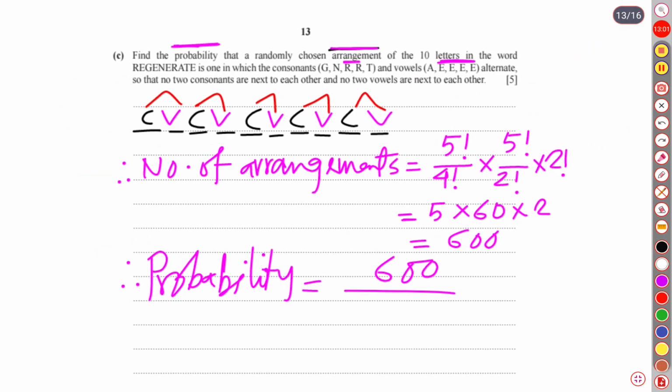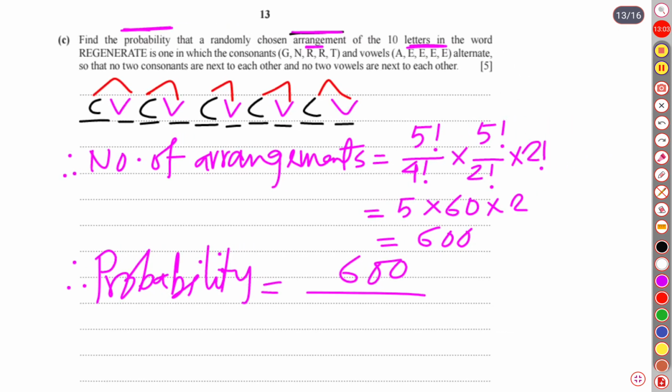So the total number of arrangements is 75,600. Well, now if we divide 600 by 75,600, it is going to be 0.00793.